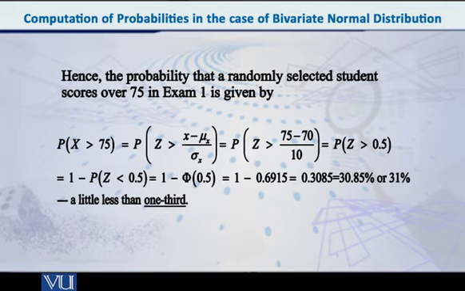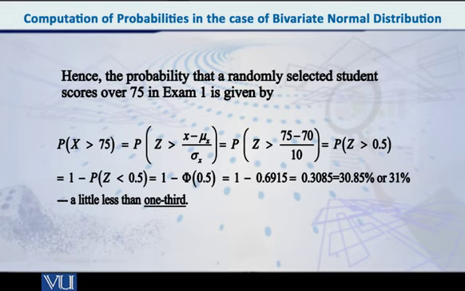So that is equal to the probability of Z being greater than 75 minus 70 over 10 यानी 0.5. So अब ये जो आ गया कि probability of Z being greater than 0.5, this can also be written as 1 minus the probability of Z being less than or equal to 0.5.